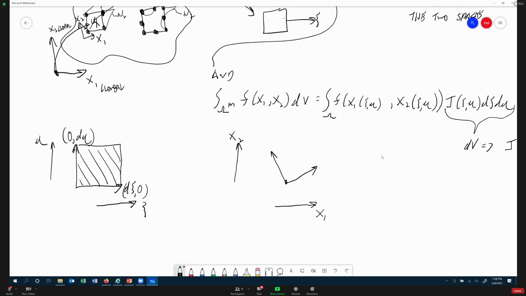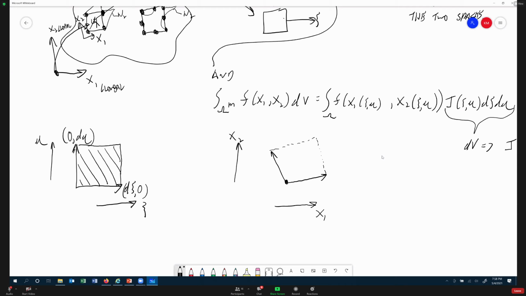So we draw this one intentionally askew because we want to give the impression that it is not the same shape as this one. The shape has changed.